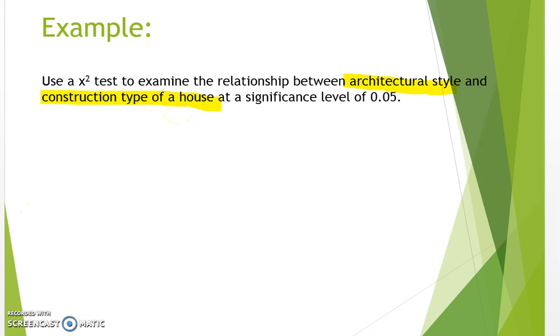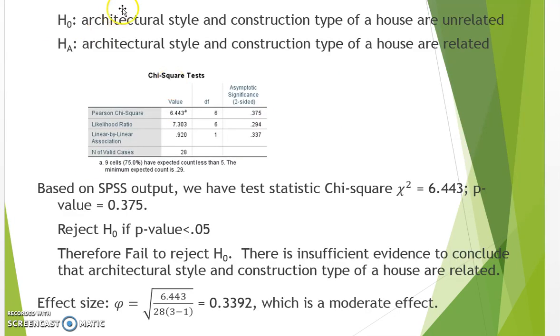Okay. If we look at the solution, you're going to have the null hypothesis and alternative hypothesis: architectural style and construction type of house are unrelated for the null, and architectural style and construction type of house are related for the alternative.